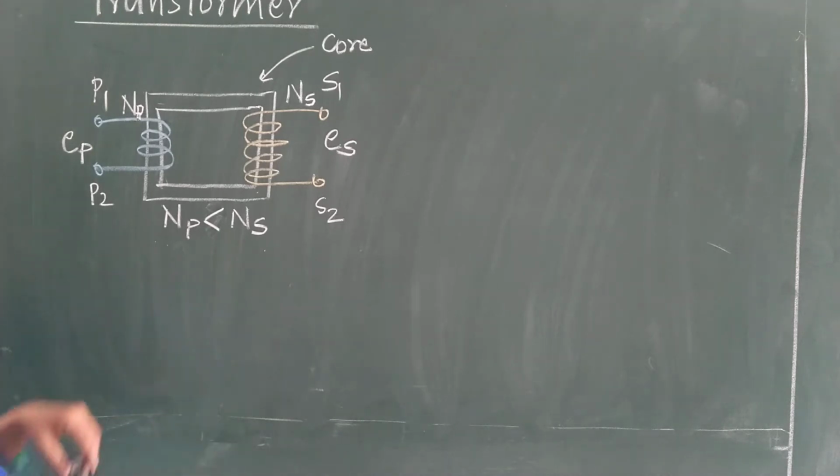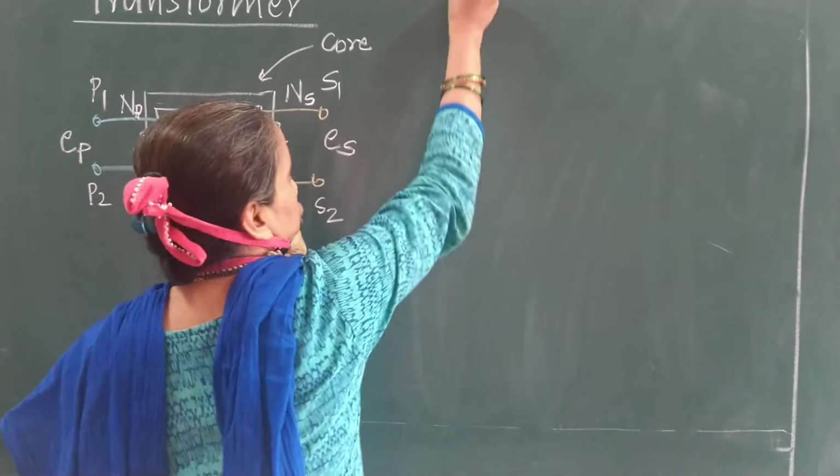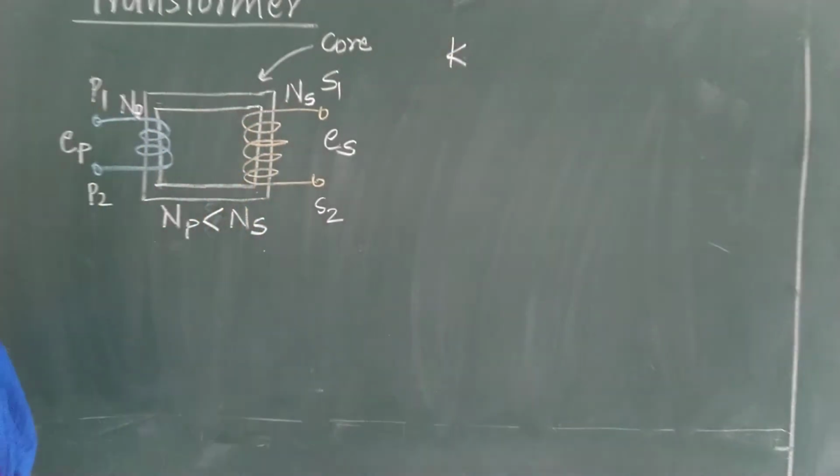Now yesterday in the previous lecture we have seen the topic of coefficient of coupling, and that coefficient of coupling K is a measure of flux which will get linked in a coil.